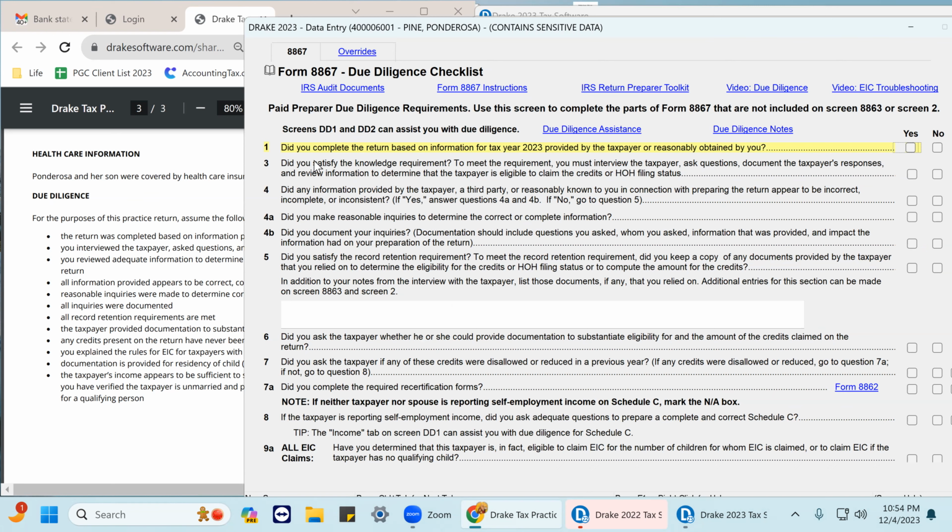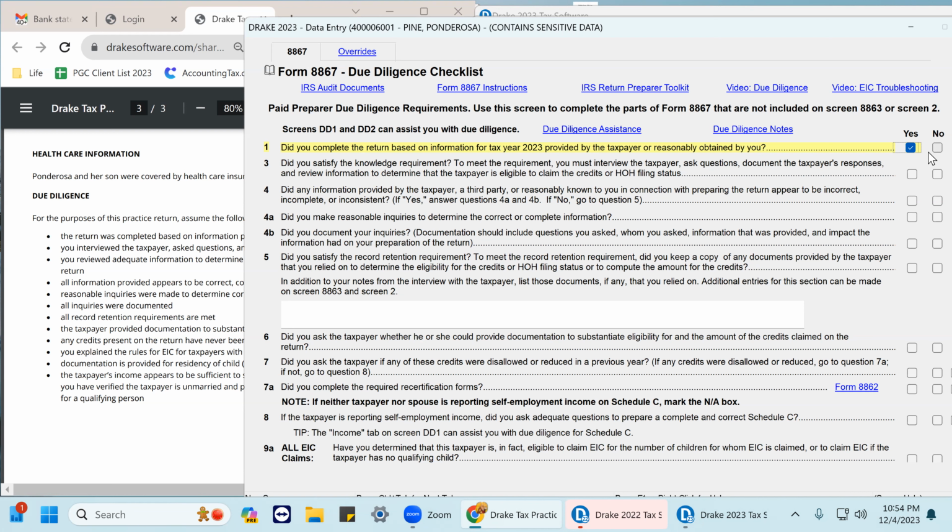Number one, did you complete the return based on information for tax 2023 provided by the taxpayer or reasonably obtained by you? So what is the good answer? Yes. The good answer is yes. You know you don't want to do this business if some people don't even give the information completely to you. The best business is the business you don't do.